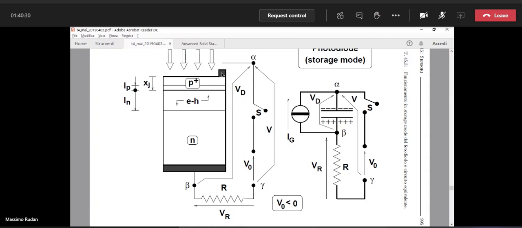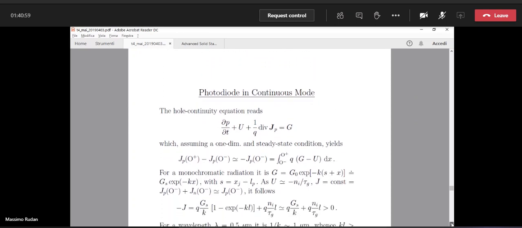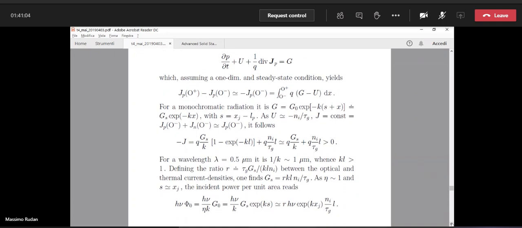When the photodiode works in this form, we say that it works in the continuous mode, because at each instant we keep detecting the current, okay? It is an improvement with respect to the photoresistor, but we can do even better, okay?